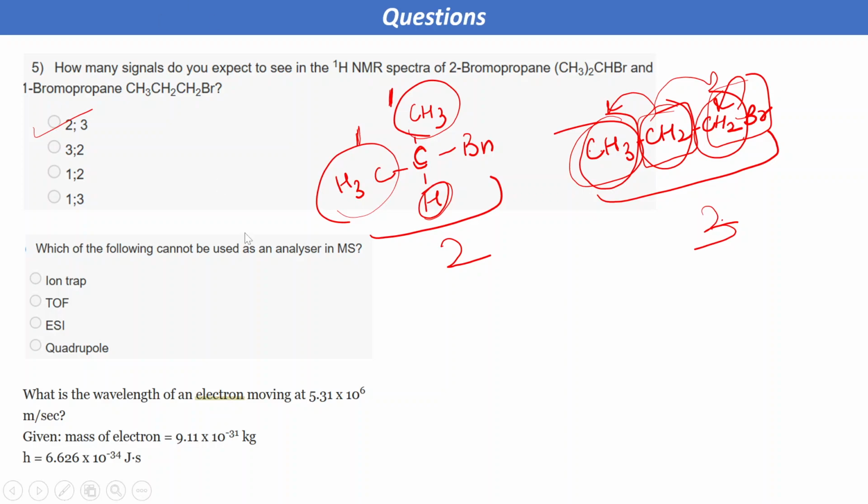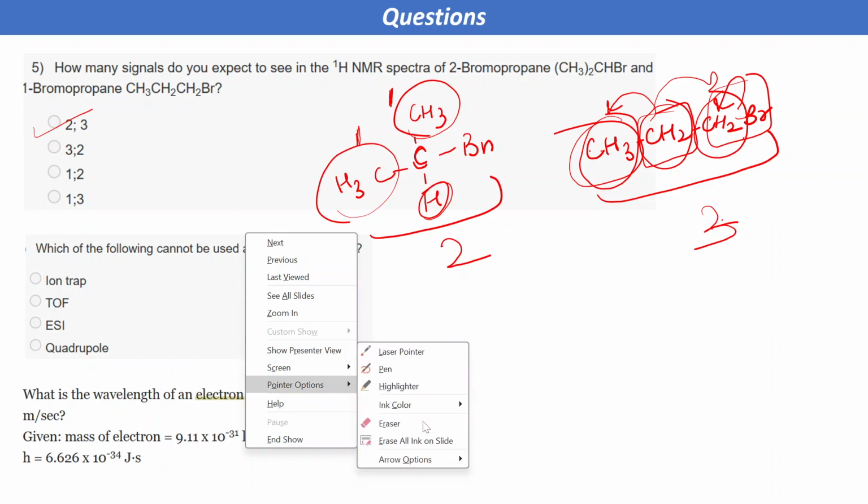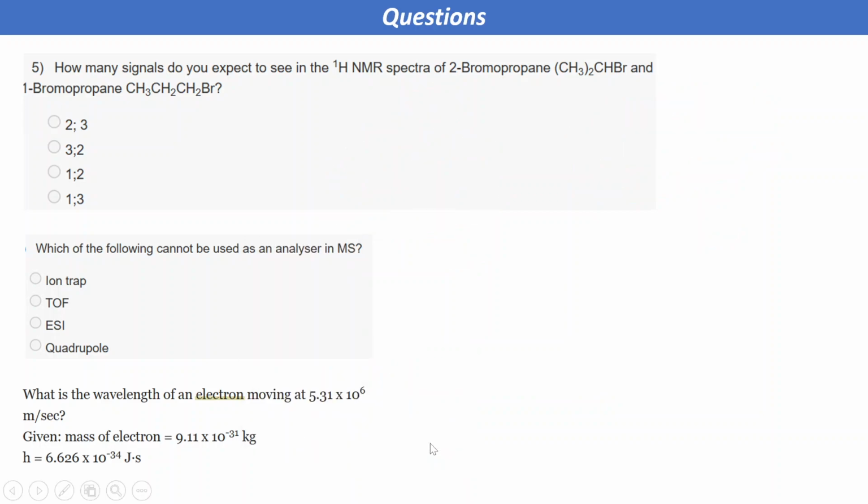Now next question, which cannot be used as an analyzer in a mass spectrometer? Ion trap, TOF, ESI, quadrupole. So what will be the answer?